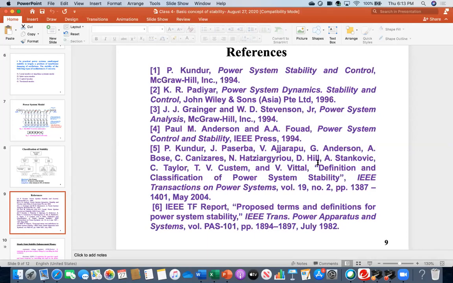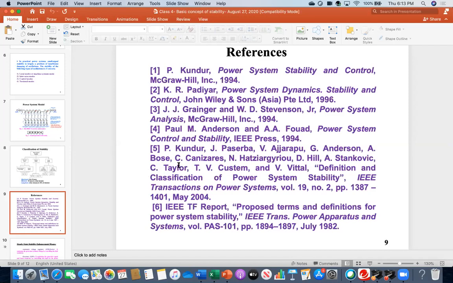David Hill is from Australia. Goran Andersson, probably he died. And Venkat Rajaraman from Iowa State University. Claudio Canizares from University of Waterloo. Then Anjan Bose, he is from Washington State University.